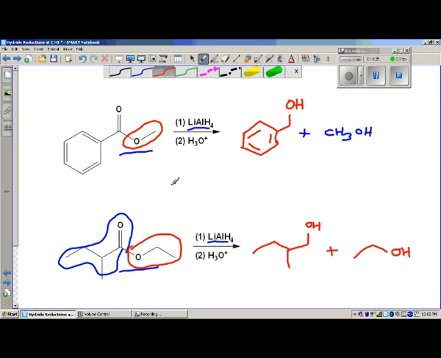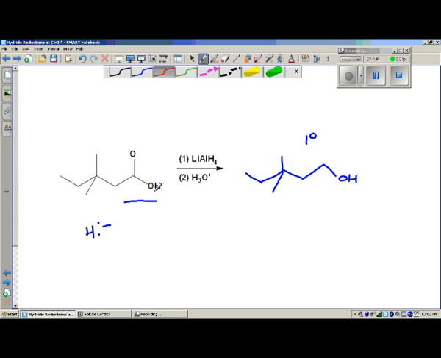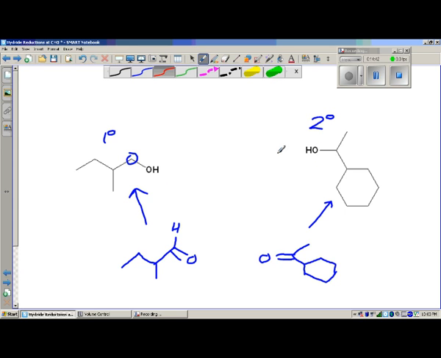So what we've seen here is a little bit of a summary. Hydride reductions of esters, hydride reductions of carboxylic acids, and in both of those cases we have had to use lithium aluminum hydride. And we've also seen how to make primary and secondary alcohols from aldehydes and ketones.